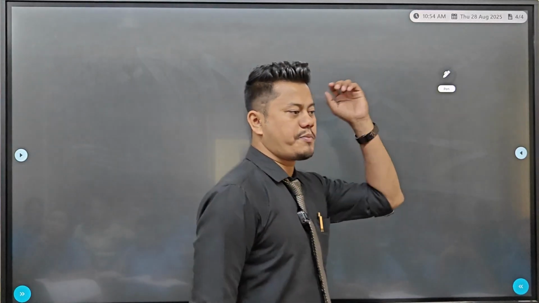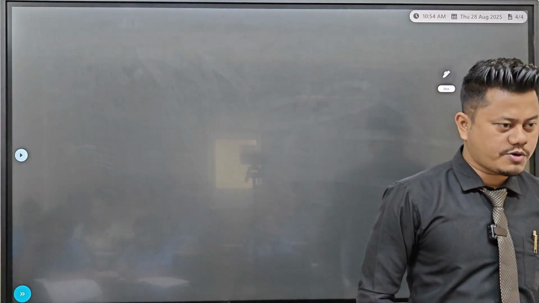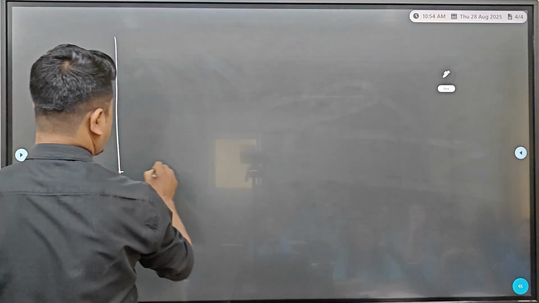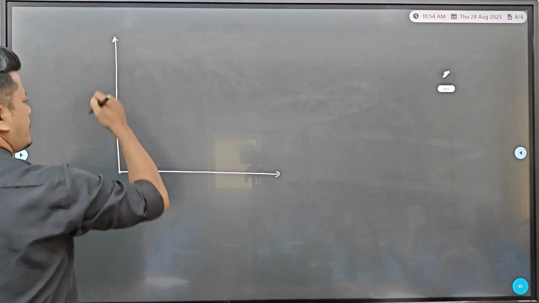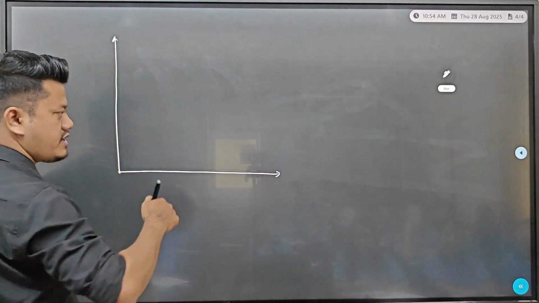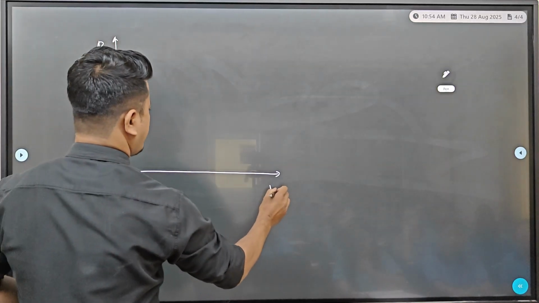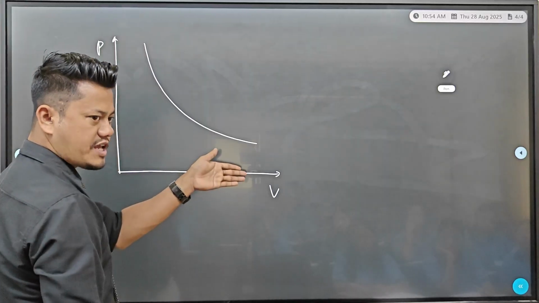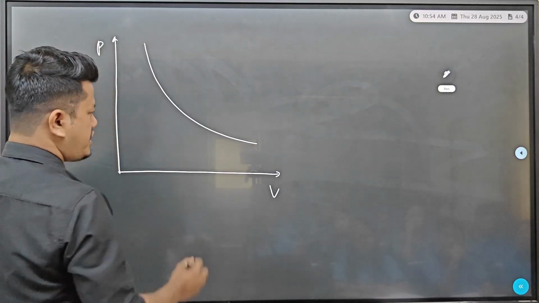Yesterday also we went through the PV indicator diagram for the isothermal process, right? For the adiabatic process, the graph seems to be a little bit similar, okay? It depends upon the curvature. This is P and this is V. For adiabatic also, the graph is in this way. For isothermal, it was a little bit less steep. Understood or not? Here also same thing.